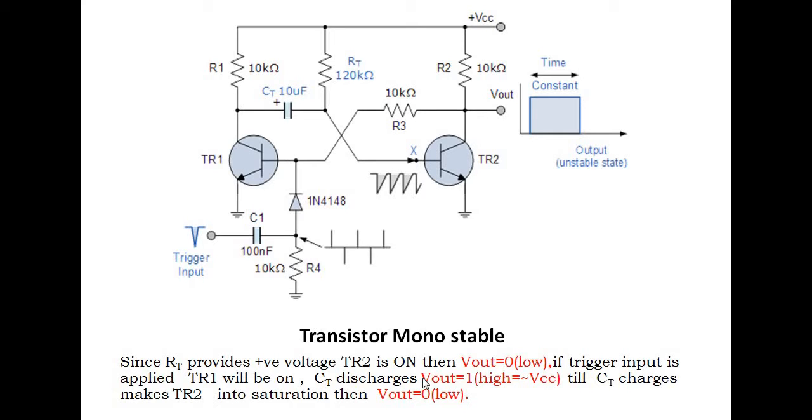CT discharges, Vout is 1. If CT discharges, TR1 is on, this is off, that's why the output is high. The high status is not permanent, it depends upon the RC time constant. That's what I said, right? So till CT charges and makes TR2 go into saturation, then the output is 0.